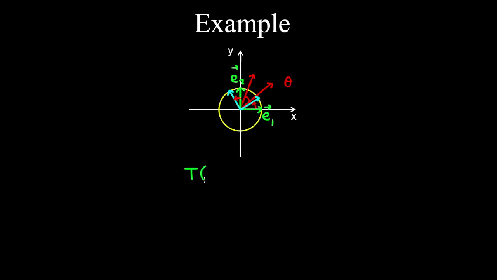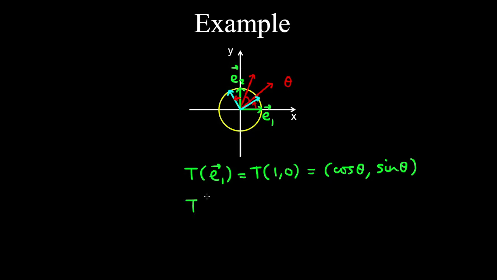So applying our transformation to E1, which had initial components of 1, 0, well, the transformed vector is going to have a horizontal component of cosine theta and a vertical component of sine theta. So note that these basis vectors are unit vectors. So when we rotate them, they still have a length of 1.